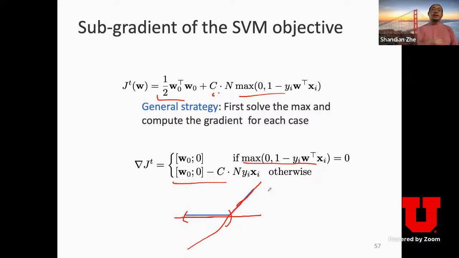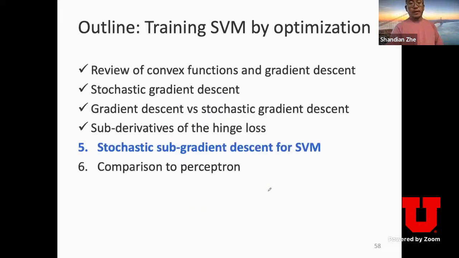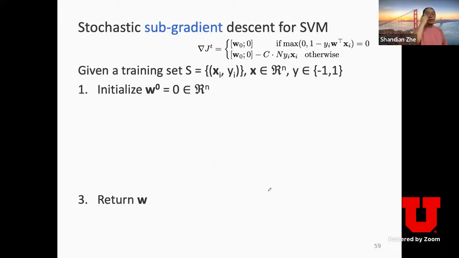We are essentially using a subgradient to conduct the stochastic gradient descent procedure. Next, we plug this subgradient calculation into our framework. We apply stochastic subgradient descent to SVM, and here's the stochastic subgradient we computed. Initially we set all the model parameters to 0, and we go through big T epochs over the data set.